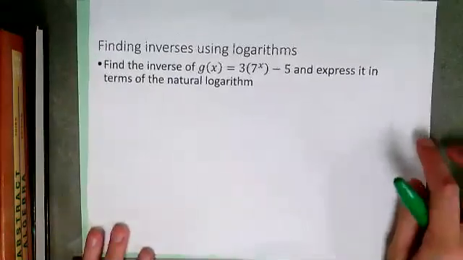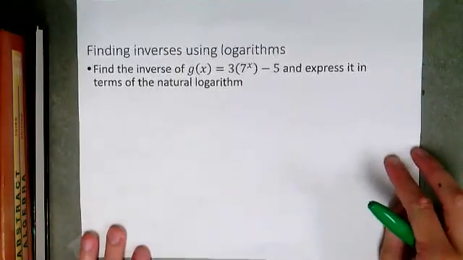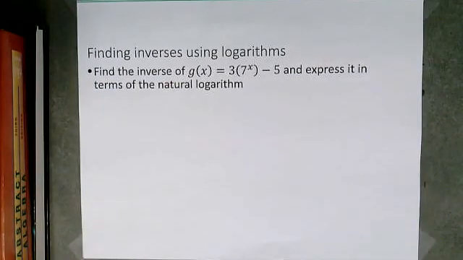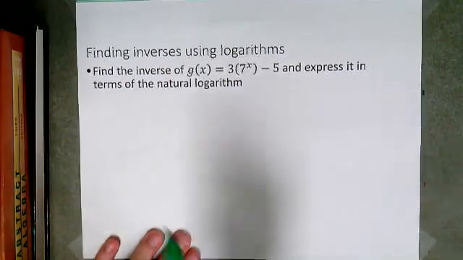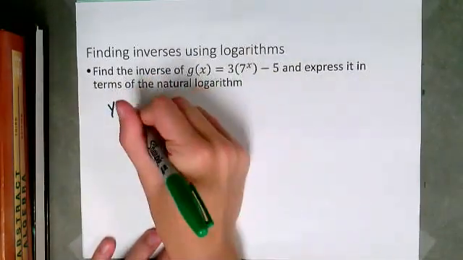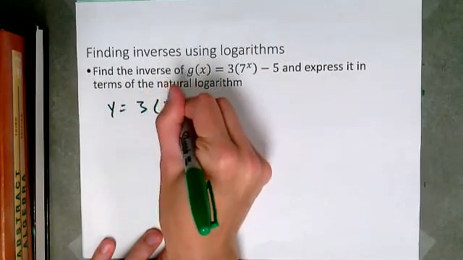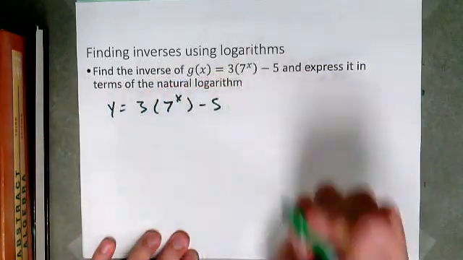All right. Now let's find some inverses using logarithms. Find the inverse of the function g of x equals 3 times 7 to the x minus 5 and express it in terms of the natural logarithm. Well, we've done inverses before. We're going to let y equal 3 times 7 to the x minus 5.